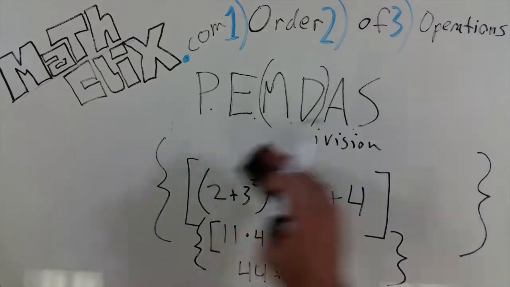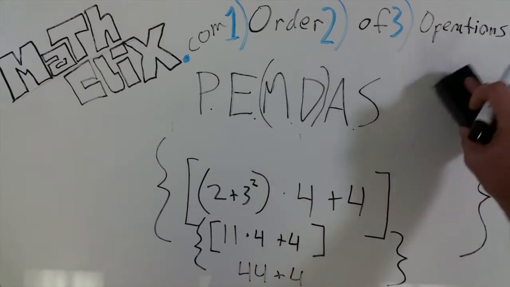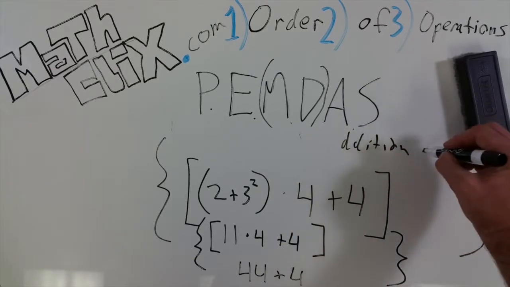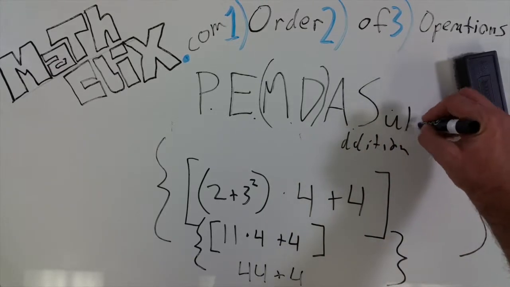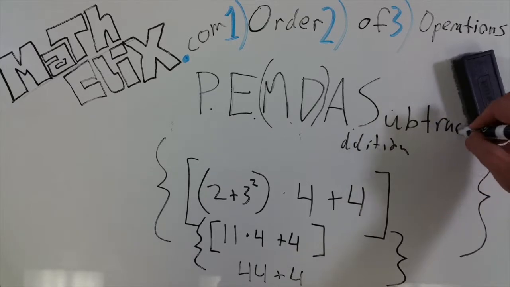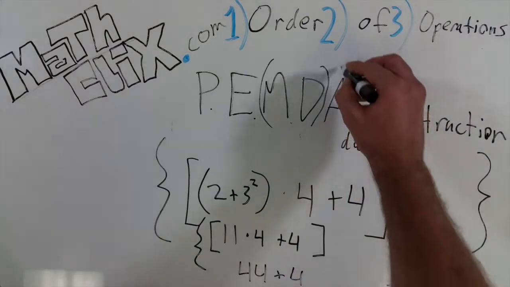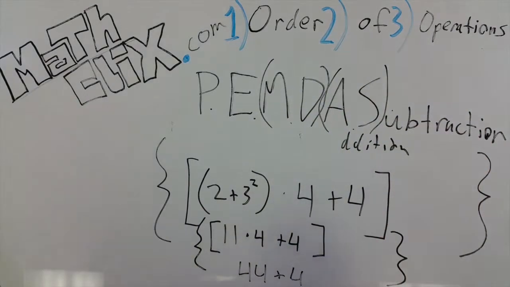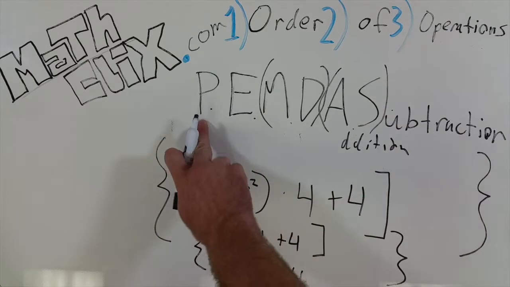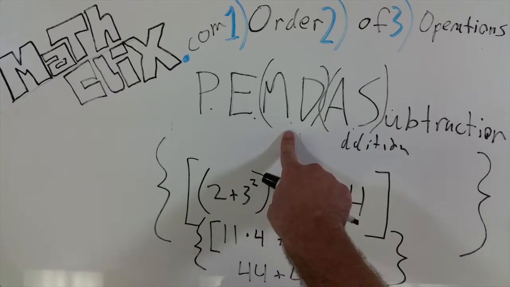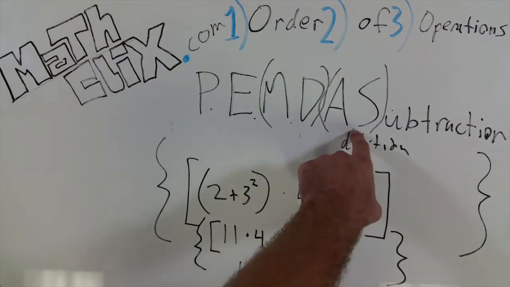Next would be the, oh, you're so smart, you came up with it already. It's the addition and subtraction. And these are grouped together too. So we zoom in, we exponent, multiply and divide, and then add and subtract.